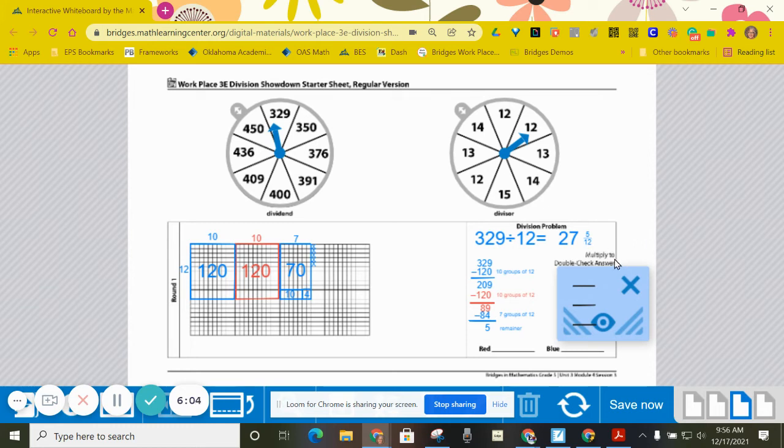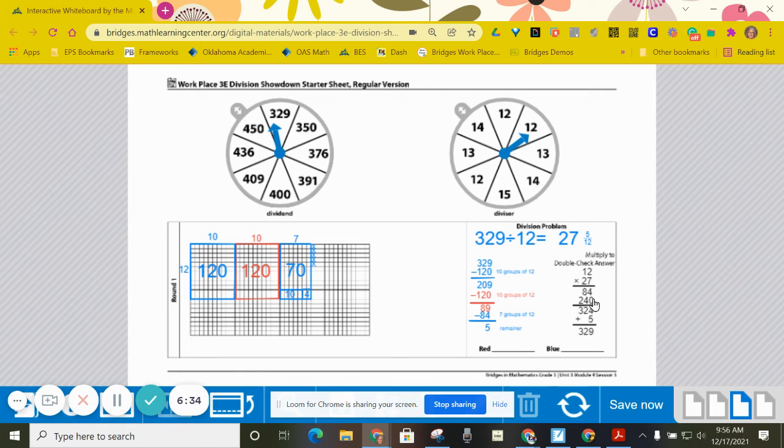What we want to do is multiply to double check the answer. We're saying that there are 27, and I'm getting that from right here. See where I'm circling? 27 12s will fit into 329. So I had to multiply 27 times 12. I'll notice here I get an 84, which is exactly what this rectangle was here.